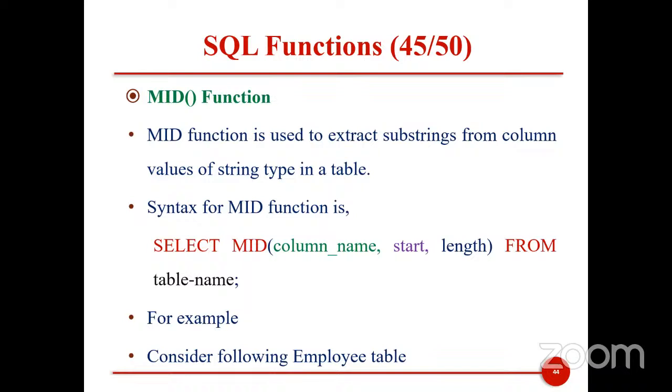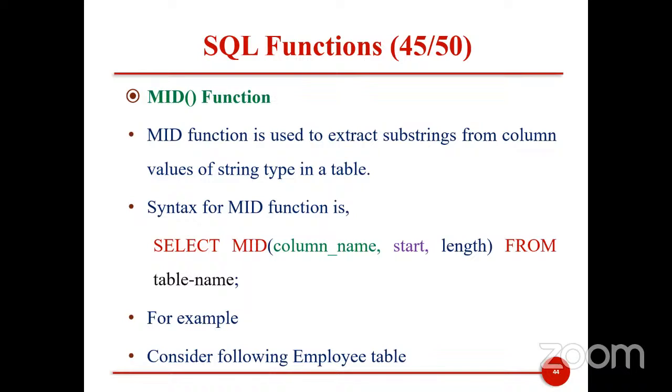Then where do you want it to begin to extract from? Then you count the characters. The first letter is 1, 2, 3, and 4. And then you indicate the starting point where you want it to begin extracting from. Then followed by how long you want to extract. Maybe you want to extract 2 letters, maybe 3 letters. Then start, then length.